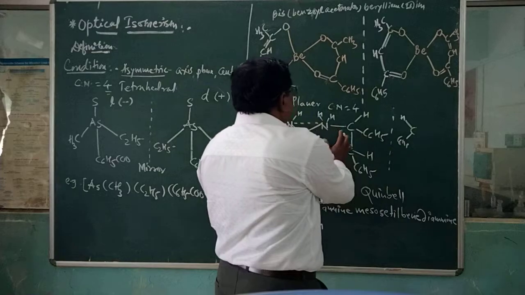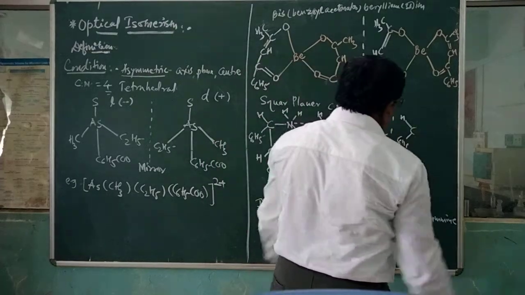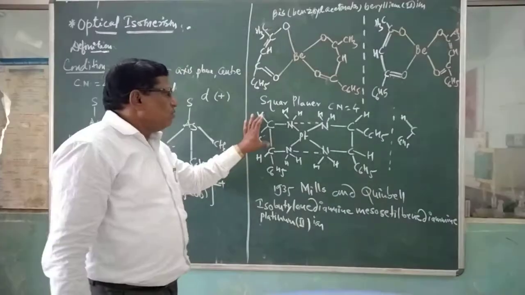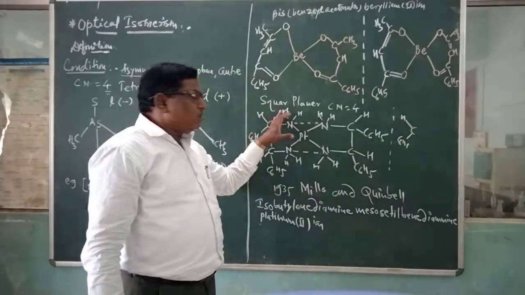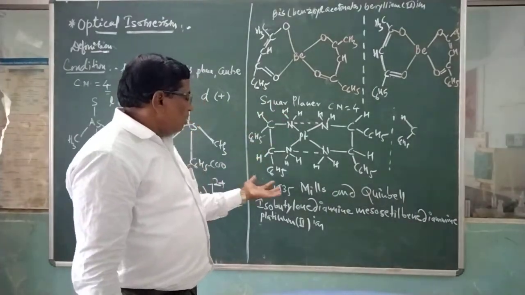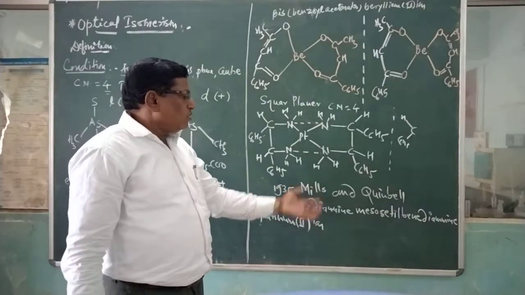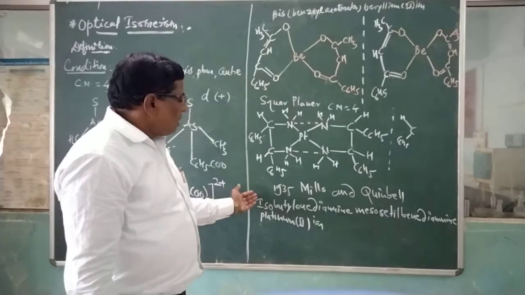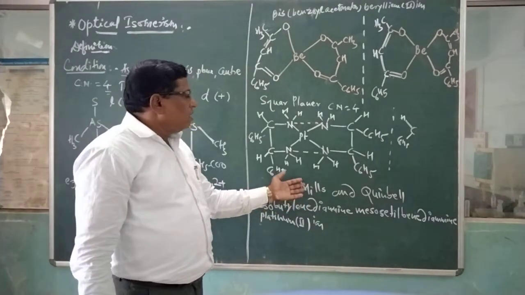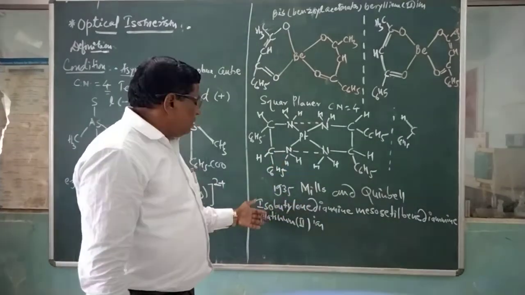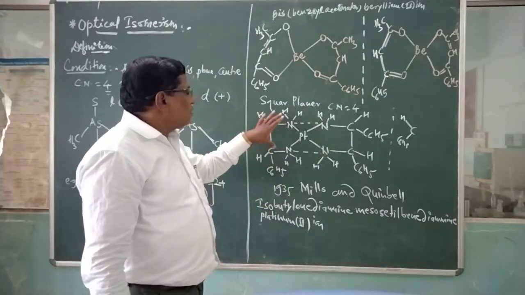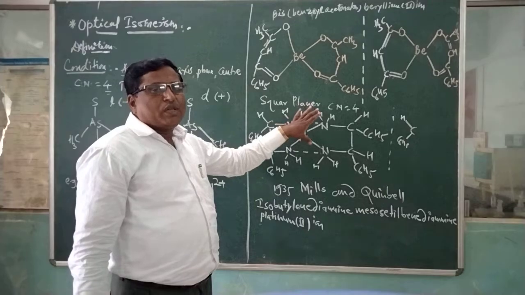In this way the mirror image of this compound can be drawn on the other side. This compound is one of the most important examples, first derived by the scientists Mills and Quibell in 1935, and the name is isobutylene diamine, mesostilbene diamine platinum(II) ion. These are the examples of square planar complexes.